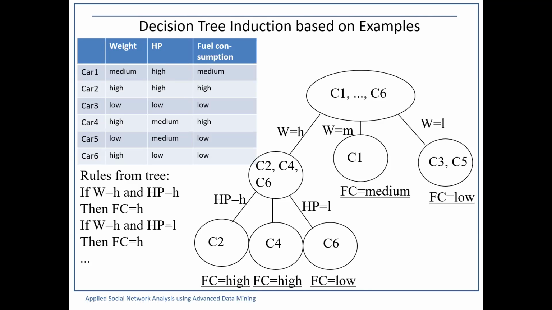For example, if we did not have the value of HP for car number 1 and car number 4, then we could split here: HP is high or medium or low or missing. So in the case of a decision tree, it would not be necessary to impute a value. We could use the information that this value is missing as an additional branch.